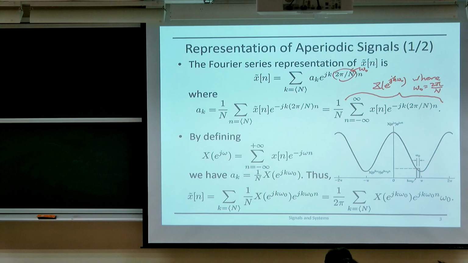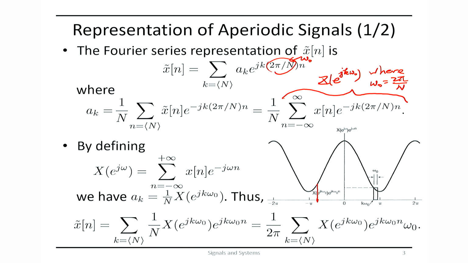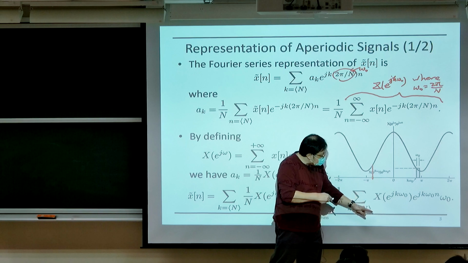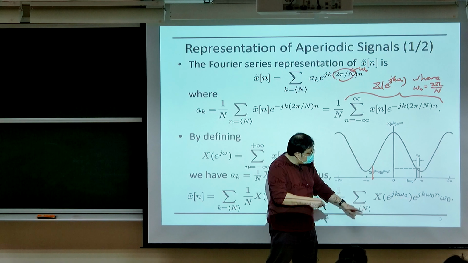Now let's suppose that this point is here. So this is the sample of this at point k omega naught.